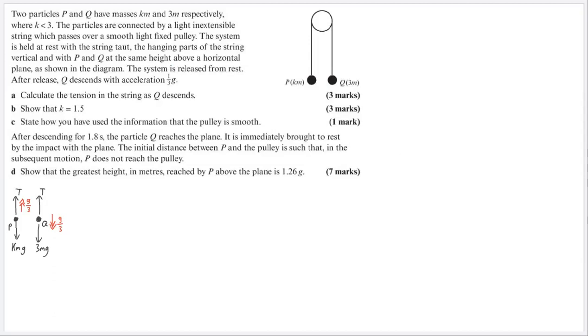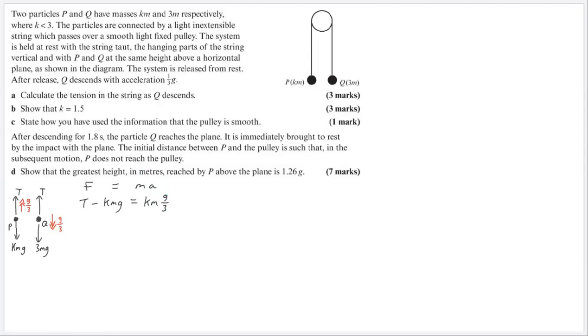F equals ma. Remembering that F is the resultant force. So for the first diagram, for P, T is a positive force minus kmg, because that's pointing the other way. The mass is km, not kmg, just km, because it's a mass here, not a weight. a we know, which is a third g, or g over 3.